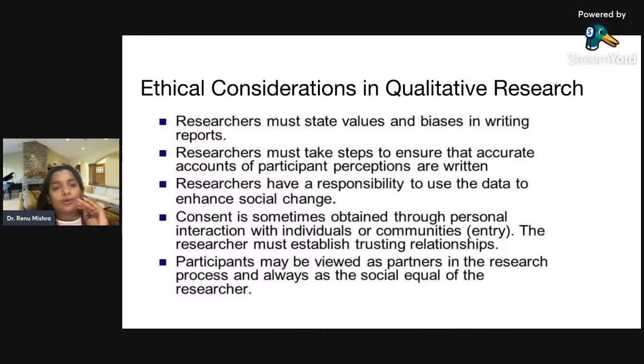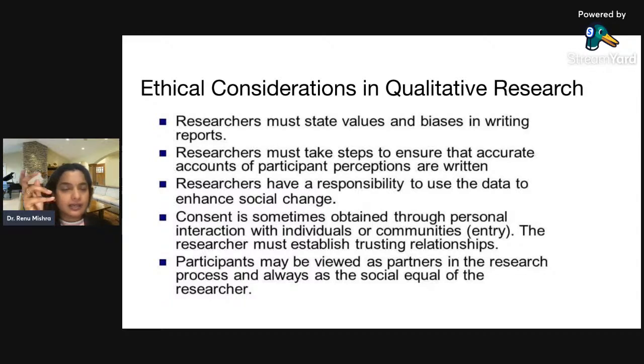Also in qualitative analysis, there are very high chances that your own biasness reflects. Let's say you're taking an interview on a particular research problem, and you have certain questions to ask. When you note down the information, when you're taking the responses of the respondents, there are chances that your own biasness or your own interest towards that topic reflects in your writing. Like, this is my thinking, I think this should be this way.